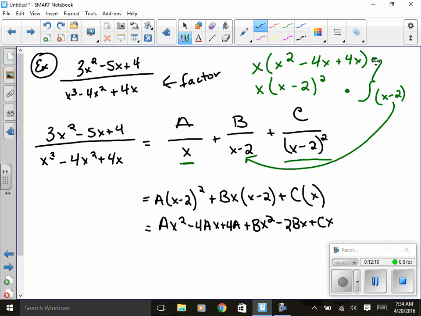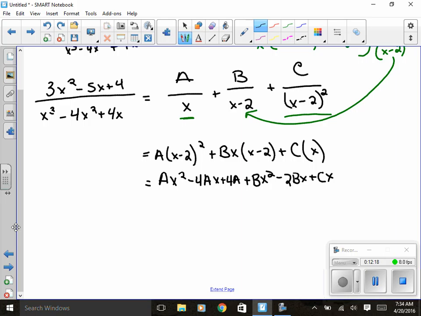It's okay if you can't distribute it quite that quickly. As a reminder, make sure you break the x minus 2 squared down into x minus 2 listed twice to do that distribution correctly. I'm going to go ahead and combine my like terms, and I get a plus b x squared plus negative 4a minus 2b plus c times x plus 4a.